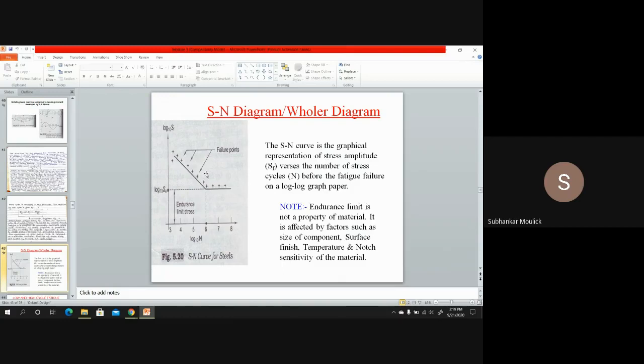That particular point from where you get a constant stress value, even if you increase the number of stress cycles, that value along the y-axis is known as the endurance limit stress.